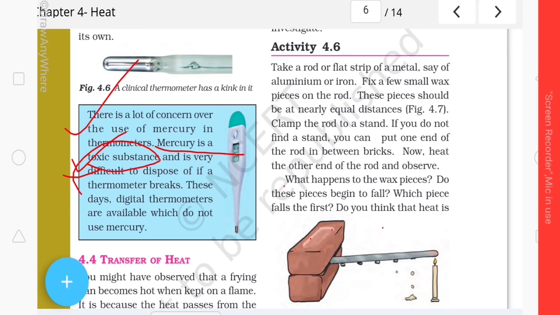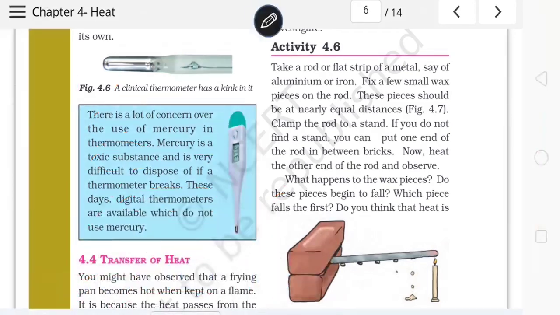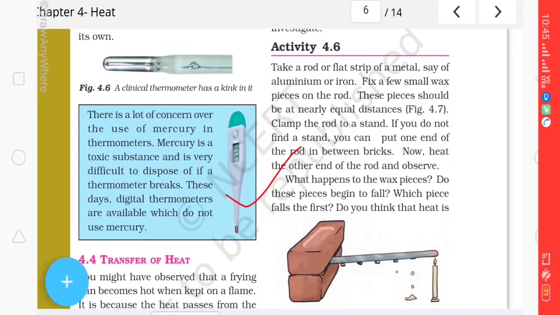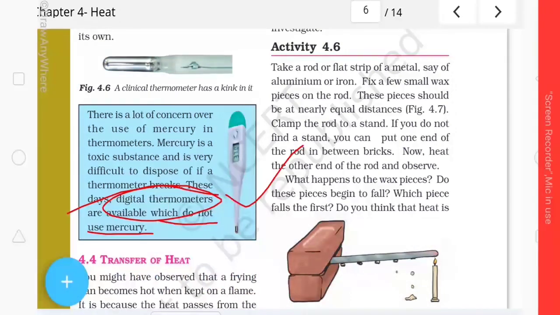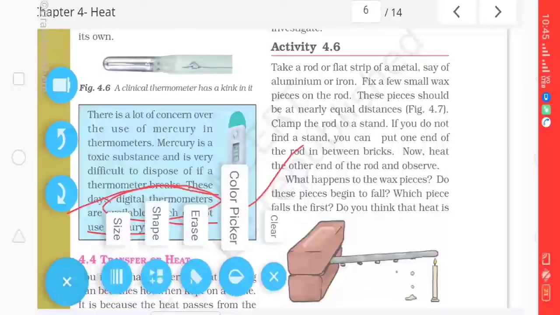So that is why we are using an alternative, the digital thermometer. Nowadays we use the digital thermometer, which does not use mercury.